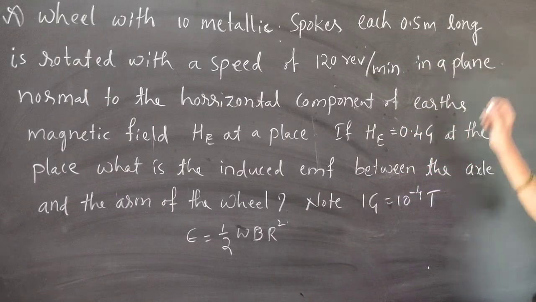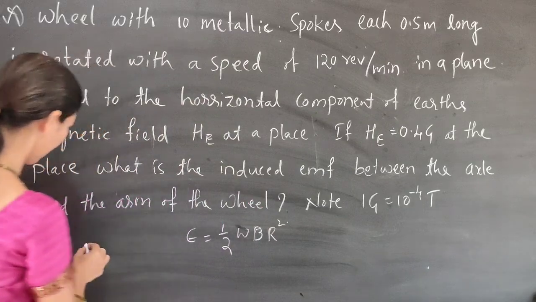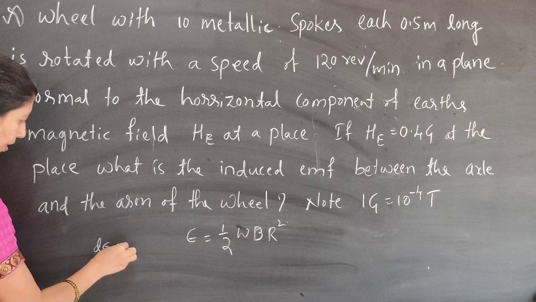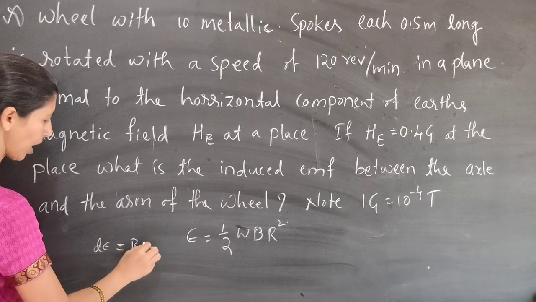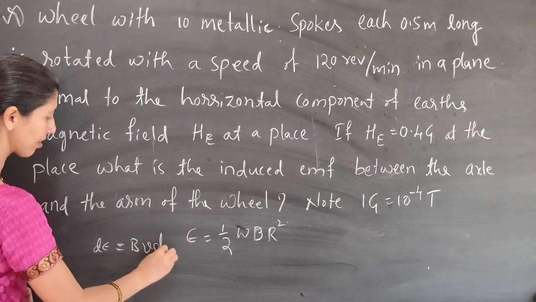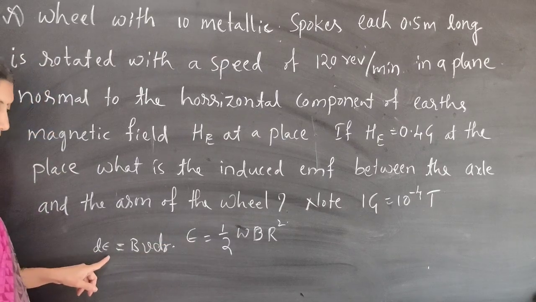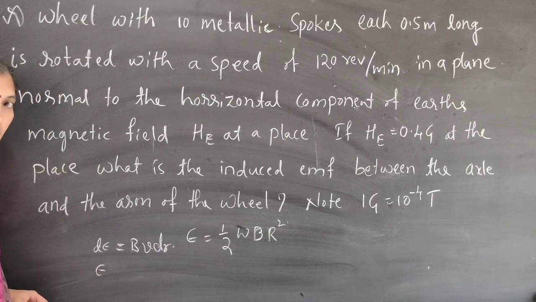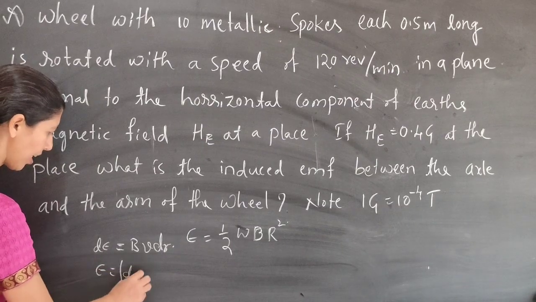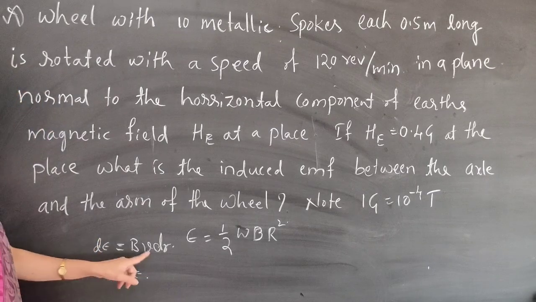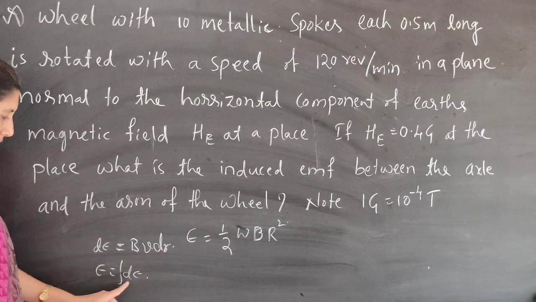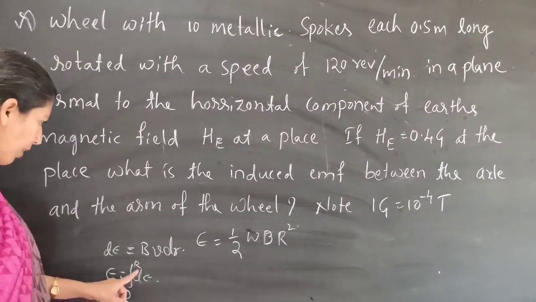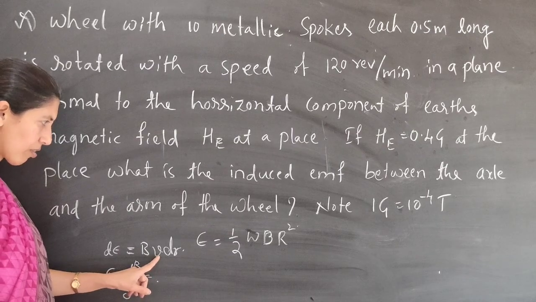Take dE equal to B into L into V, where L is the radius element dr. So dE is equal to B into V into dr. The induced EMF is the integration of dE with respect to r, from 0 to R. You also know that V is equal to R omega.